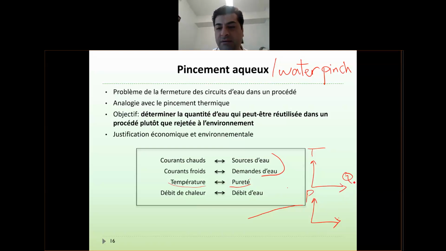I prefer to show it like a watt, presenting energy, but in water we are talking about mass flow rate, for example, kilogram per hour. Okay.